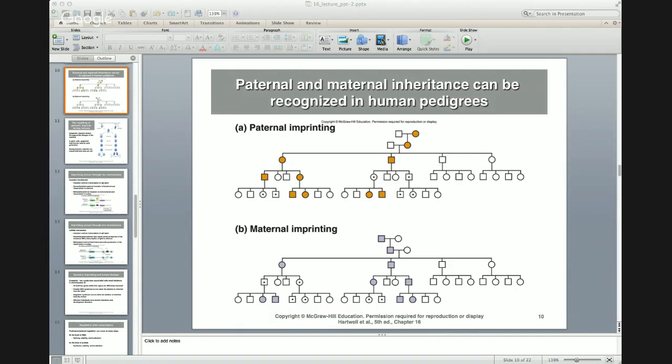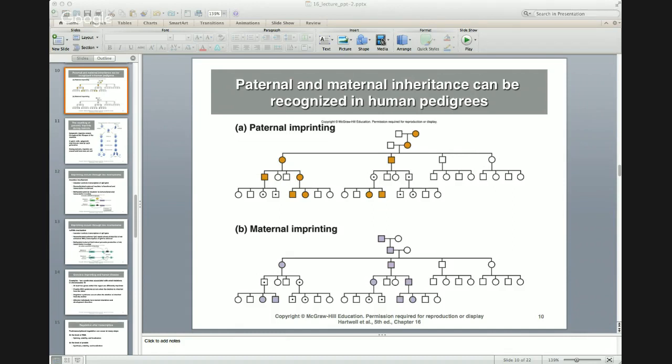This is just an example of the imprinting mechanism. We have the IGFR2 intron, and in that intron you have a promoter for a gene known as AIR. AIR is antisense because it's transcribed in the opposite direction of IGFR2. That antisense RNA, as we learned previously, will block transcription of genes.